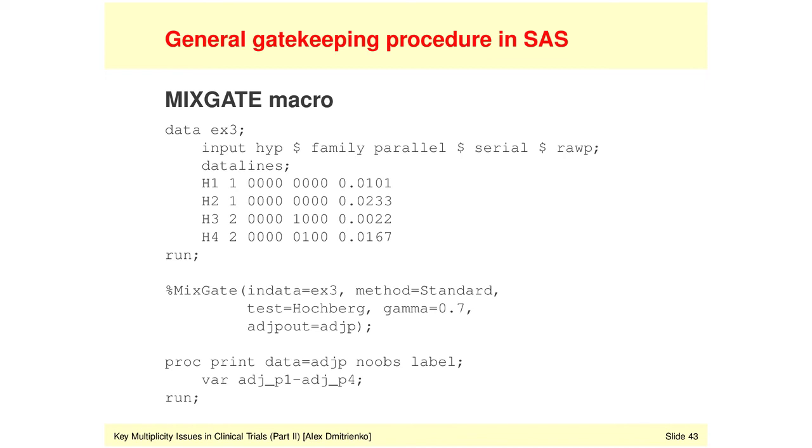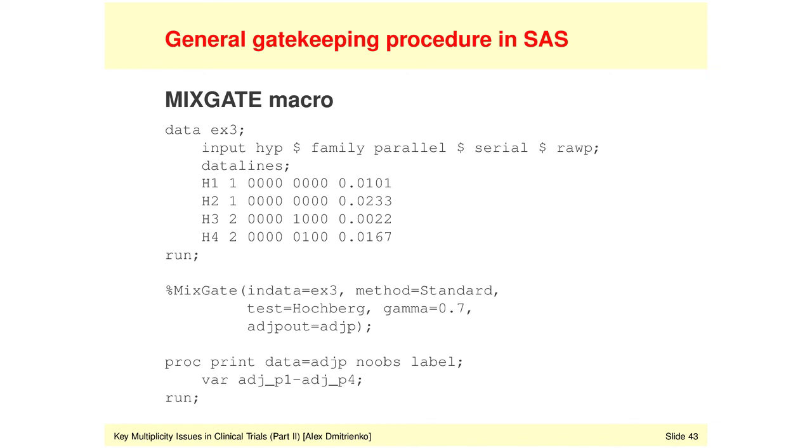And when we move down to the hypothesis H4, we see that the second digit, the second indicator in the serial variable is set to 1, which means that this particular hypothesis will not be tested unless the second hypothesis in this problem, which is the hypothesis H2, is rejected. This is how we define the logical restrictions in this multiplicity problem.